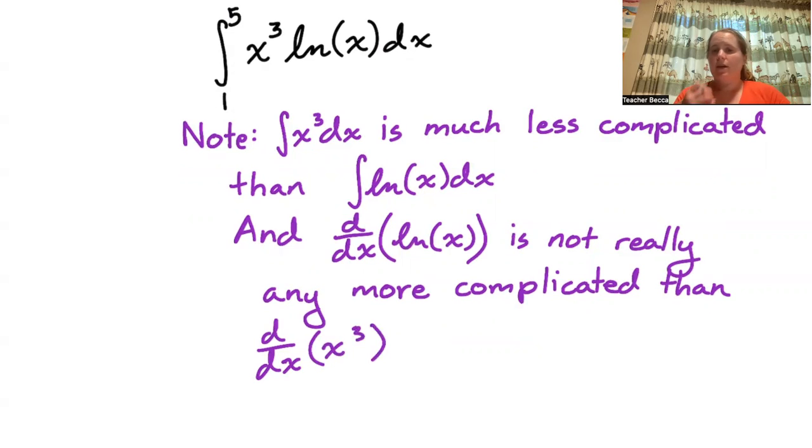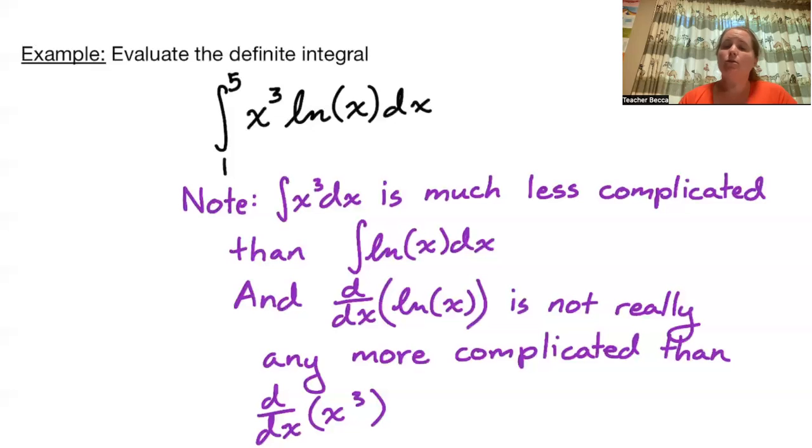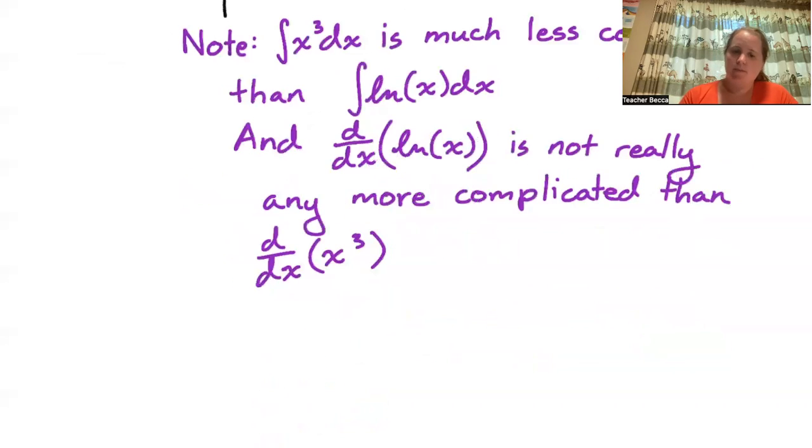As a result, it would make sense to pick natural log for our u and pick the x cubed as our dv component.